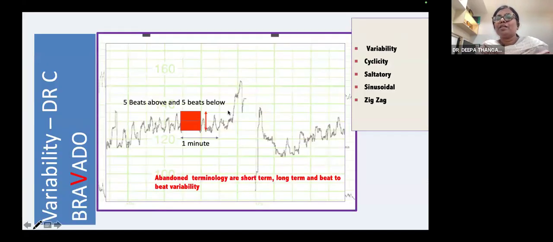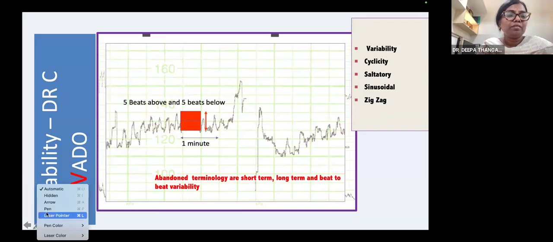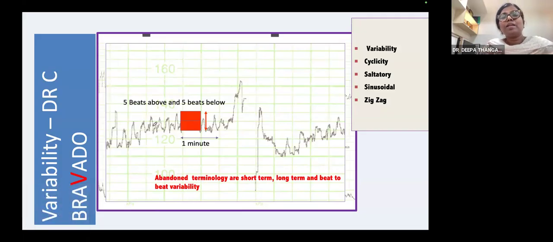Next is variability. What is variability? It is the number of beats in 1 minute, that is one big square, going up and down. In one big square, it goes 120, 125, 135, 140, so in a minute it is about 10 beats.